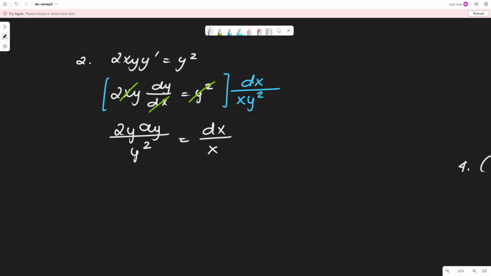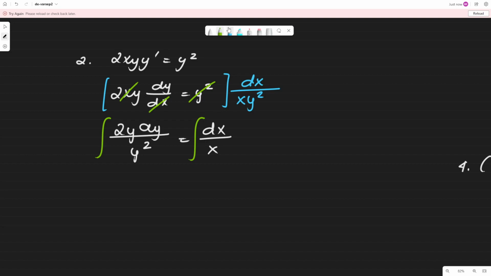Okay? Then we can get the anti-derivative. So this one, pwede nyo i-cancel yung y tas yung y squared, then lalabas ito. However, medyo mahahaba ng konti yung solution kasi lalabas pa si 2 tapos magiging ln kasi yung sagot nito. So kapag 2 times ln, still need to transform it.